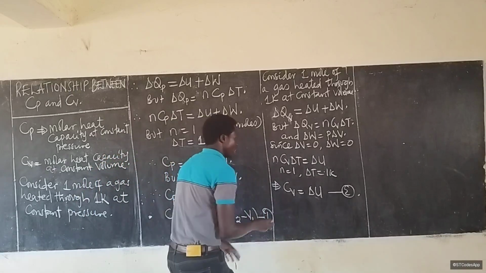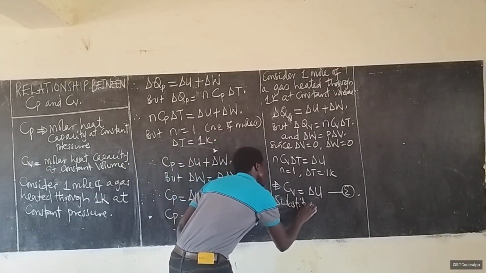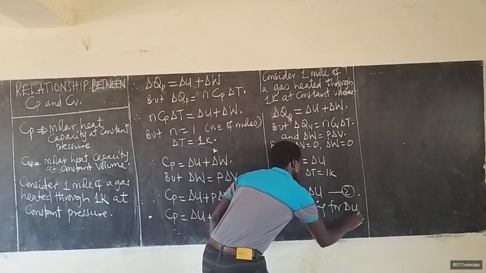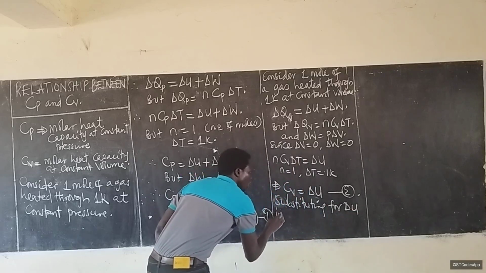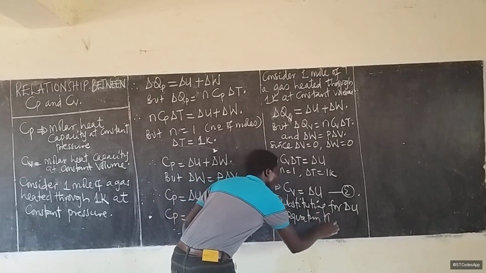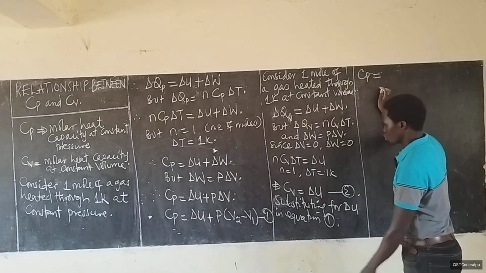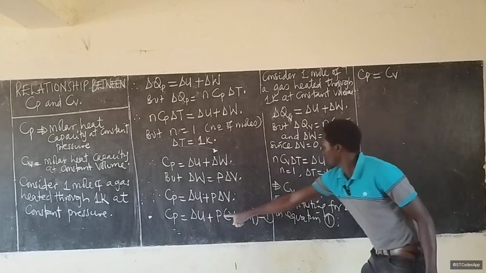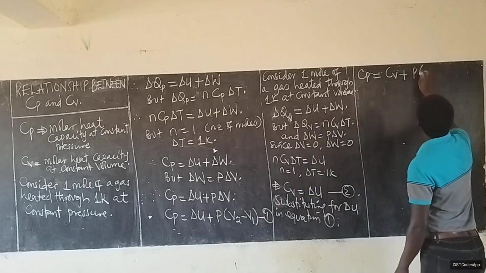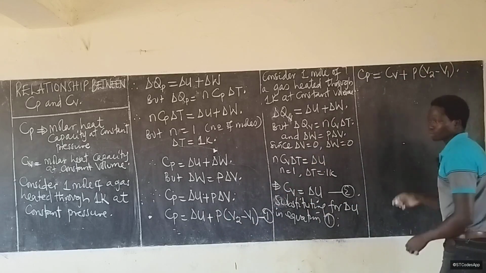So I will say, substituting for the change in U in equation 1, we shall have that C_P equals C_V plus P, open a bracket, V2 minus V1.